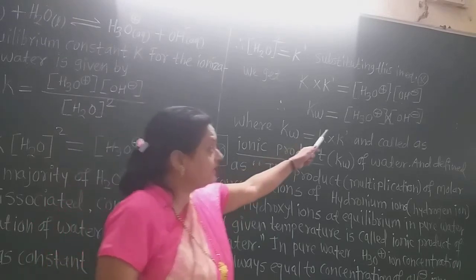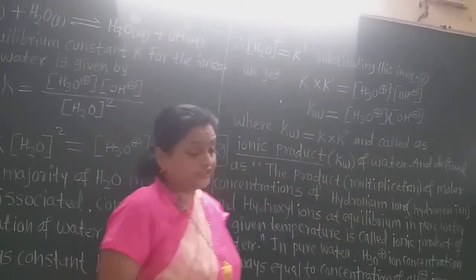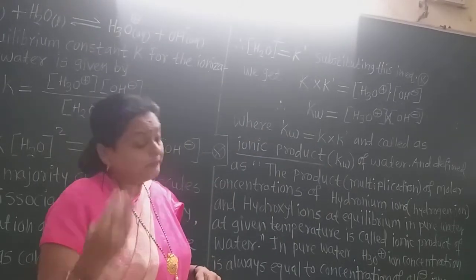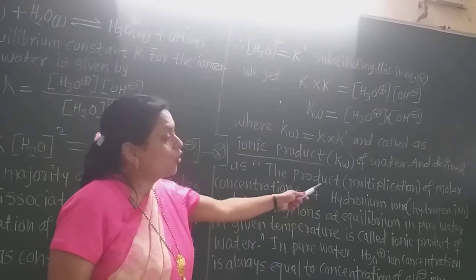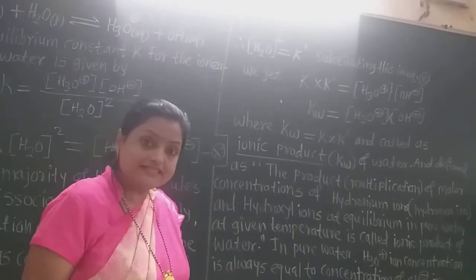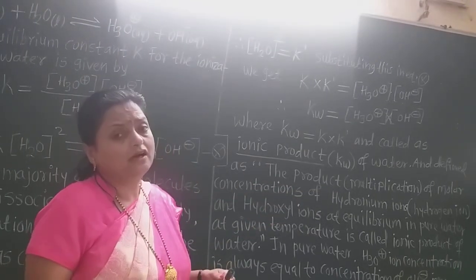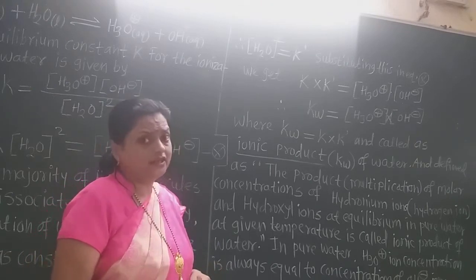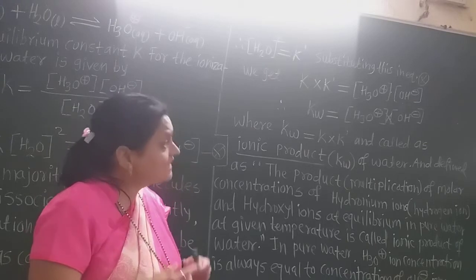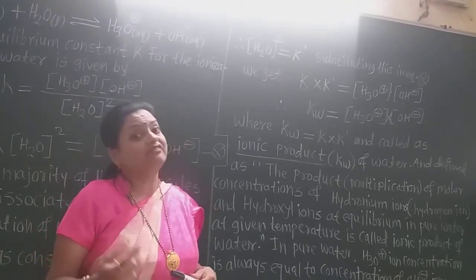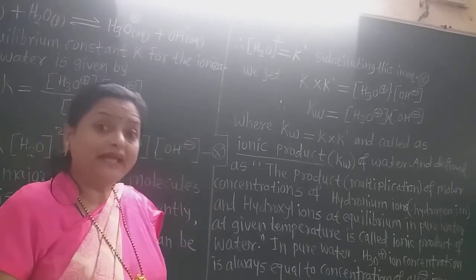This square bracket denotes the molar concentration. So it is the product or multiplication of molar concentrations of the hydronium ion. This H3O plus is the hydronium ion, or we can also write it as the hydrogen ion, because the behavior of both ions is the same, but this hydronium ion is present in the aqueous solution and not as a bare H plus ion.